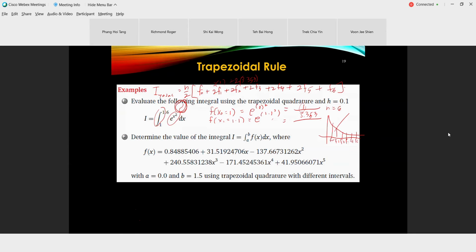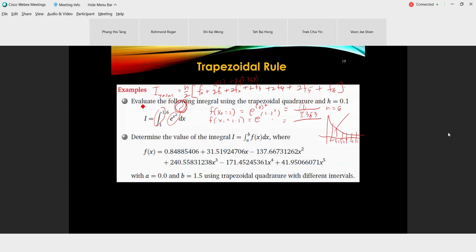A wrong value for the equal space, for example if you set your equal space to 1.3333, will affect the error. The smaller the step size, the smaller the equal space, the more accurate the value. The larger the equal space, the less accurate your answer will be. Okay, that's it. So you try this example 1.